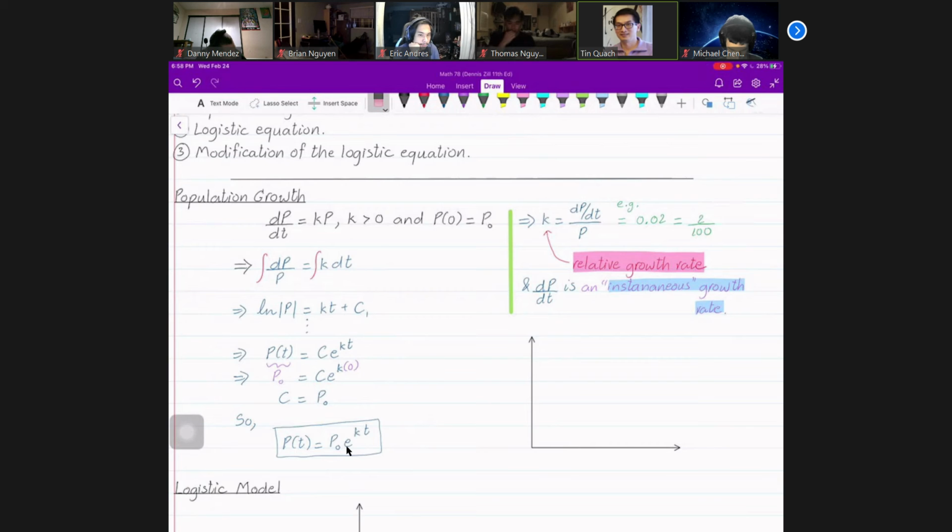If we talk about per year, then when the population size is 100, the population is growing at a rate of 2 people per year. That's how you interpret the meaning. Any questions?